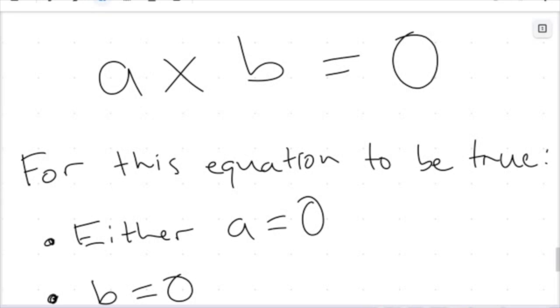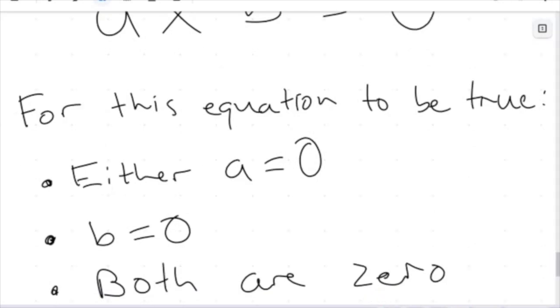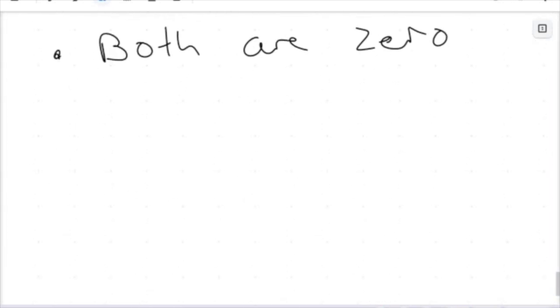But we're going to take this idea and apply it to some early forms of quadratic equations, or some factorized forms of these. So in the next few questions, we're going to use this null factor law.